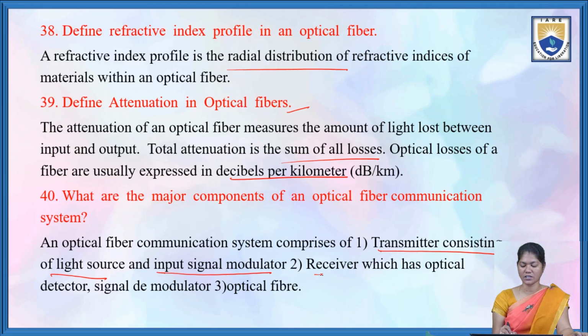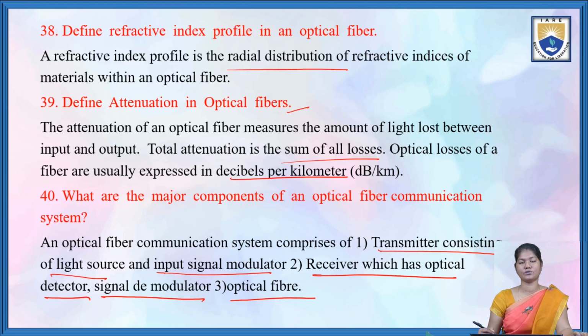The second one is the receiver, which has an optical detector and signal demodulator. Then the third major component is the optical fiber, which is used to pass the carrier waves.